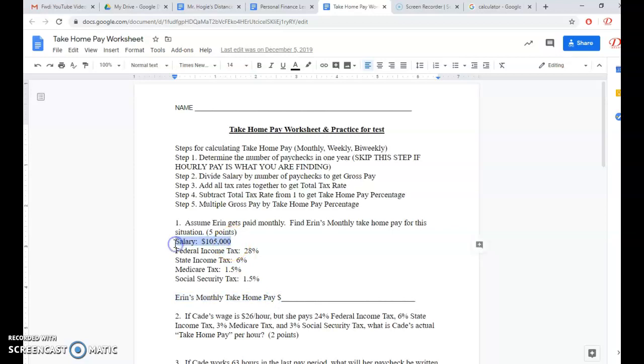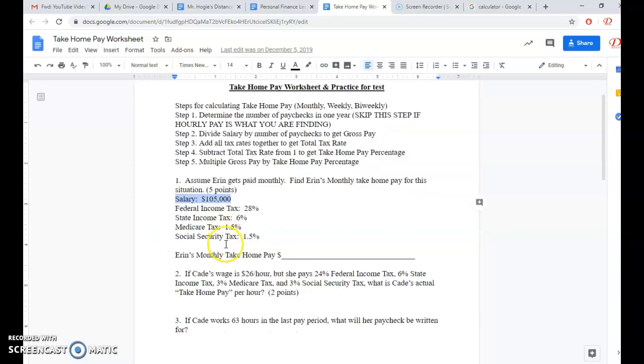But she doesn't actually make that on paychecks. So the way that we figure this out is, like I said, the first step is to determine the number of paychecks. So how many paychecks are there if she gets paid monthly? In 1 year, there are 12 months. So we know that she gets paid 12 times throughout the year.